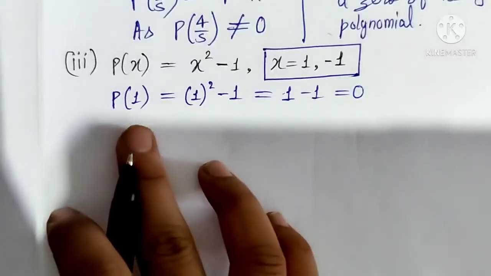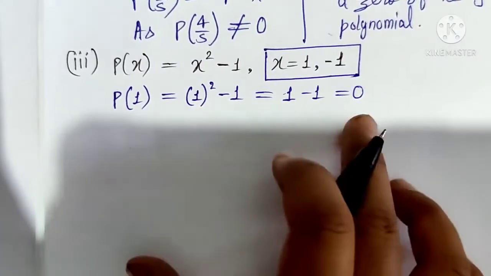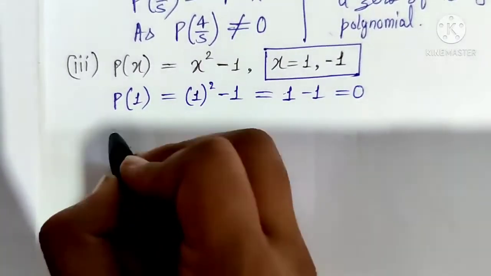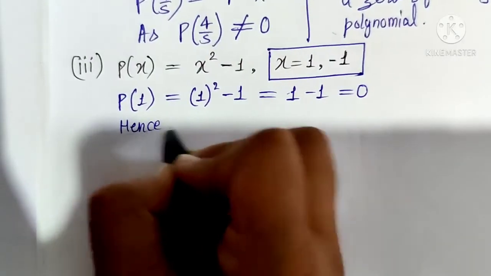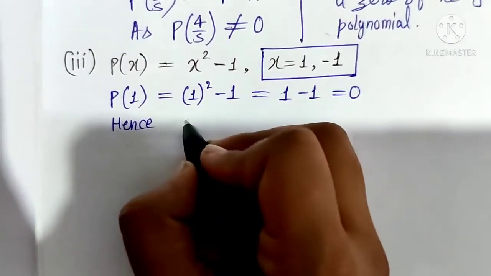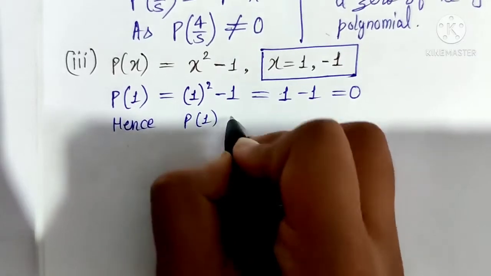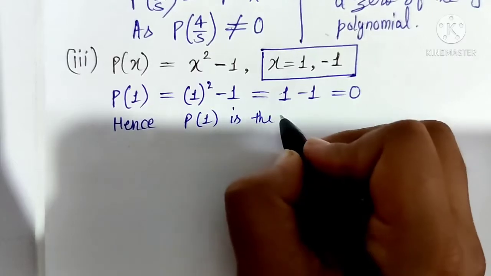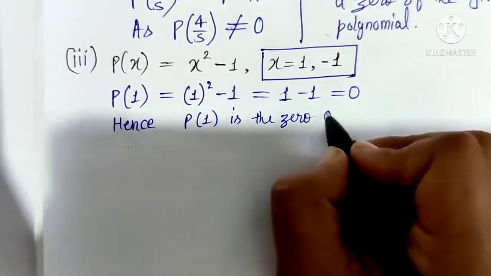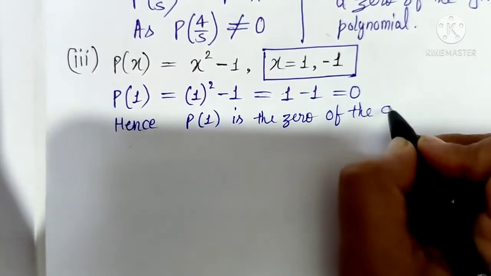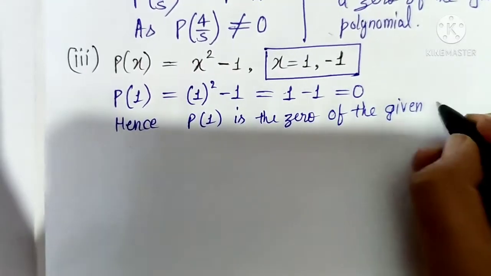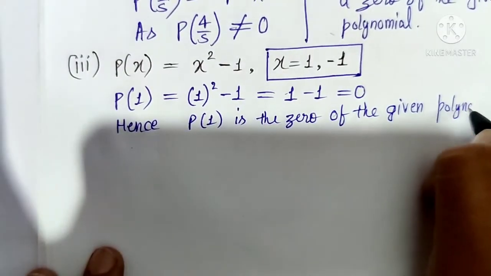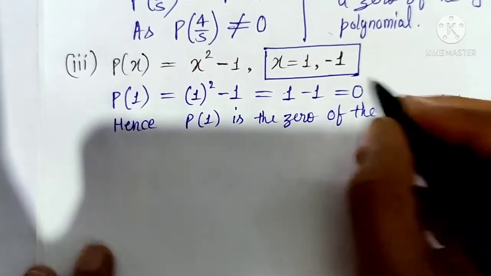So when we are putting value 1, it is coming 0. So we can say hence p(1), or we can say x equals 1, is the zero of the given polynomial.